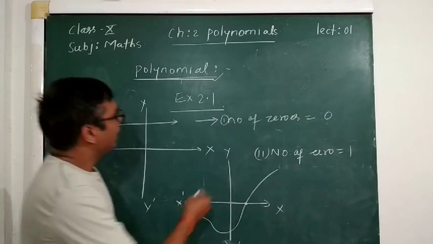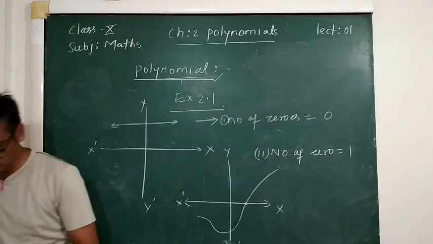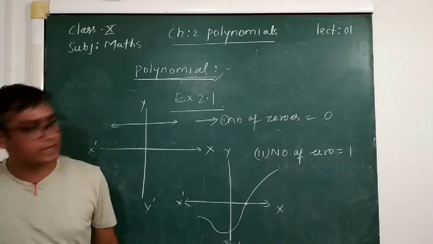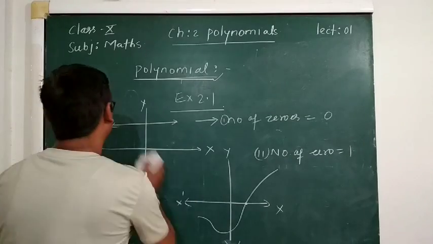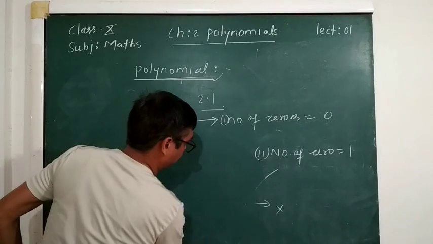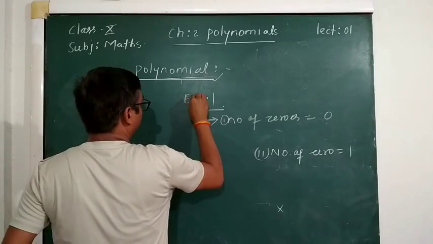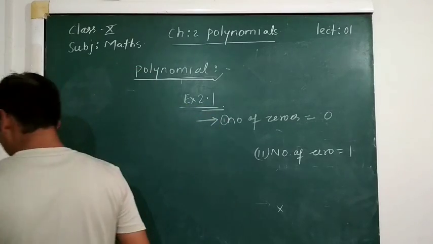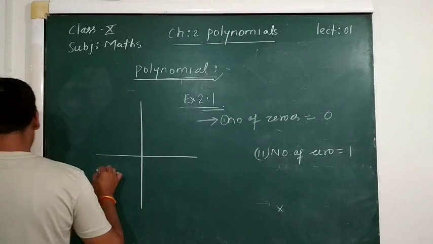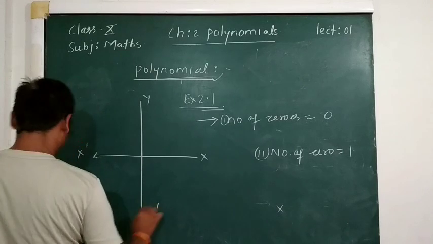In a similar way, now the third one is given. So here in exercise 2.1 the third one is given, now this is x axis, x, y and y axis.